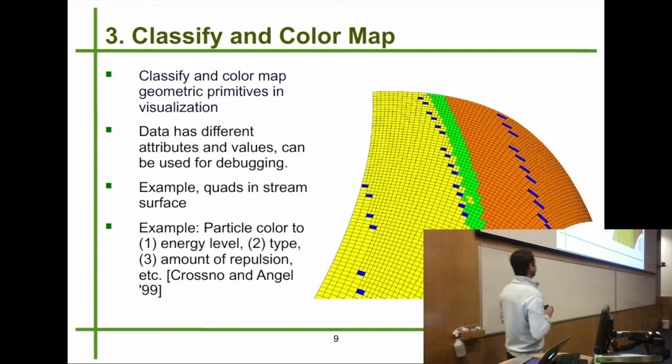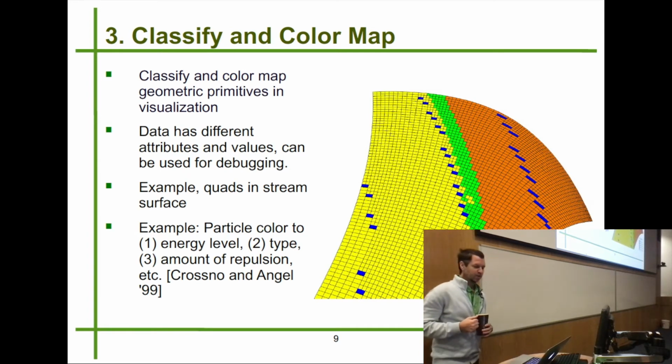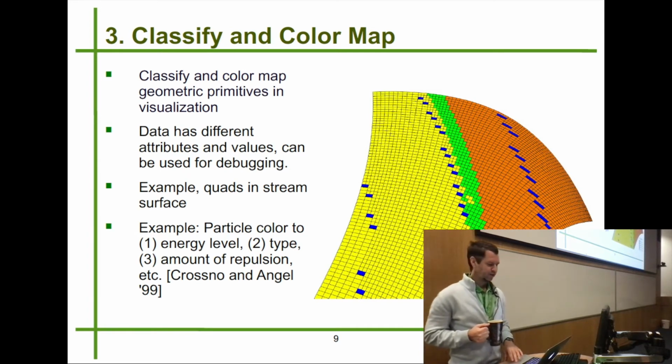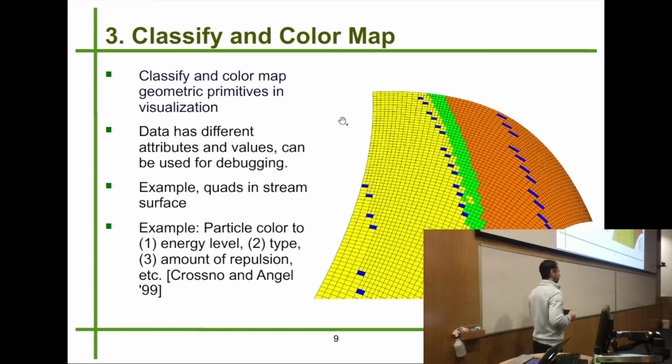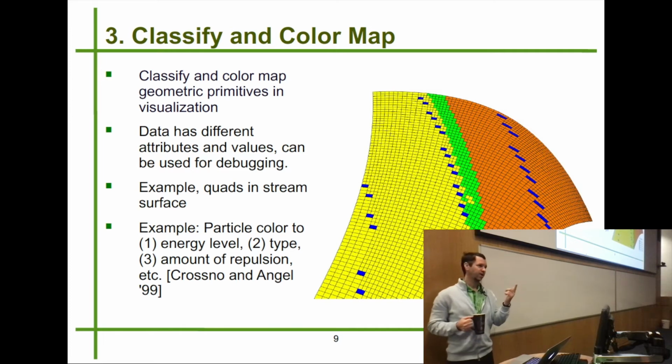Another visual debugging guideline is to classify and color map. So classify and color map geometric primitives in visualization. What do I mean by geometric primitives? I mean things like squares, rectangles, triangles, edges, lines, points, maybe tetrahedra. Does anybody here know what a tetrahedra is?